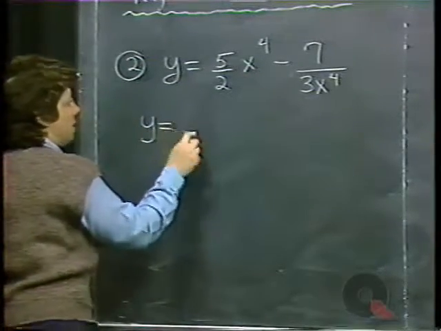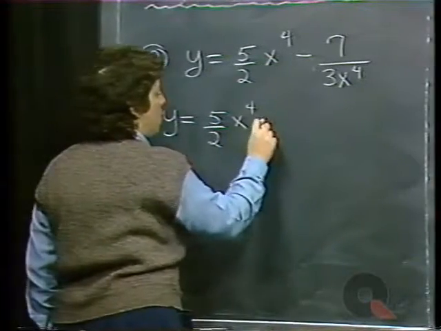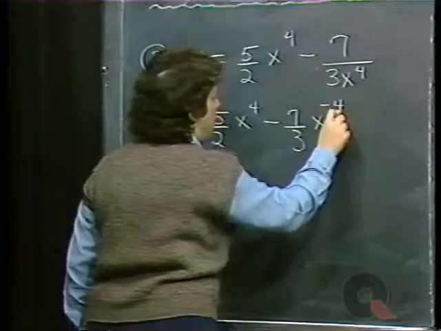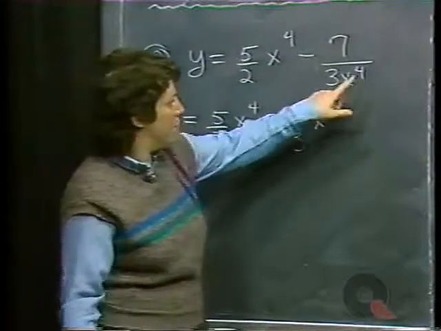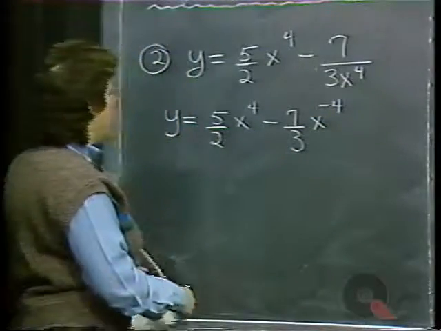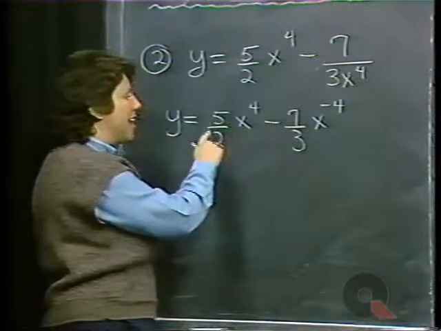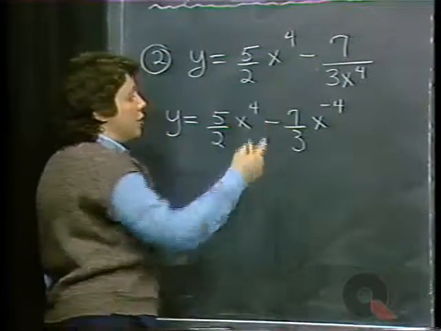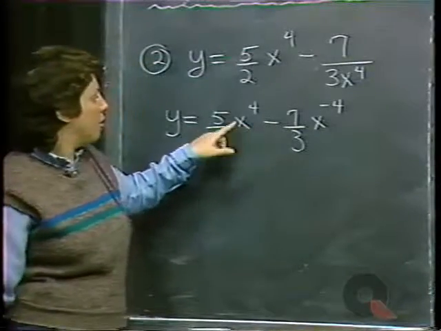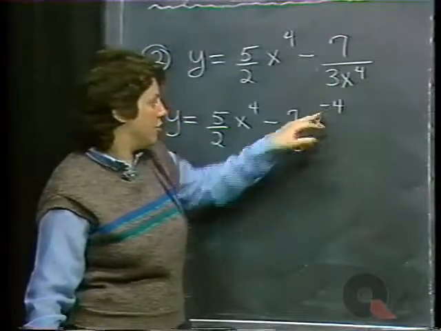If we rewrite this as 5/2 x to the 4th minus 7/3 x to the minus 4 power, because instead of having x to the 4th in the denominator, it can be moved into the numerator as x to the minus 4 power. Okay, it's not a polynomial, but it is a sum of terms, each one of which is a constant times x to a power. The reason it's not a polynomial is that to have a polynomial, you're only allowing non-negative integer powers. Here we have a negative integer for a power.